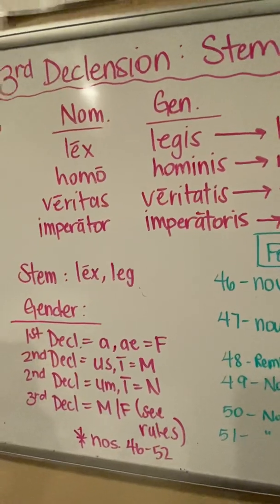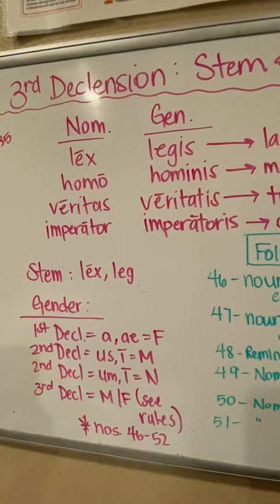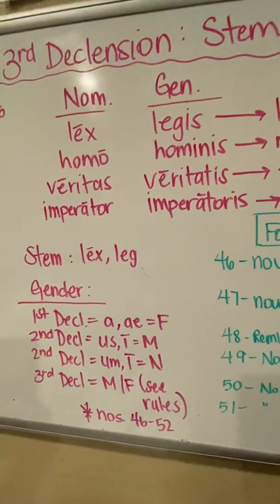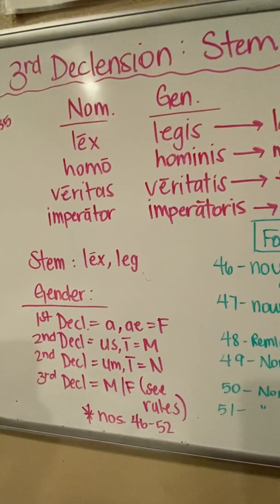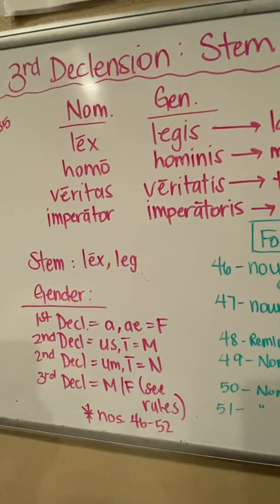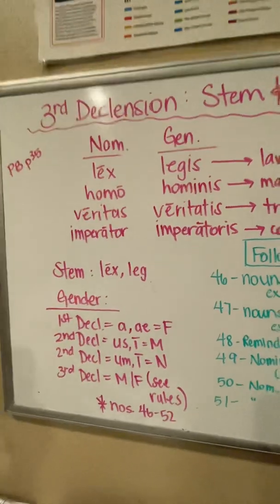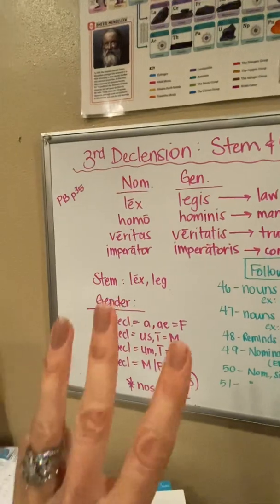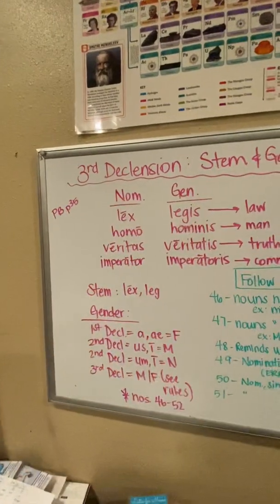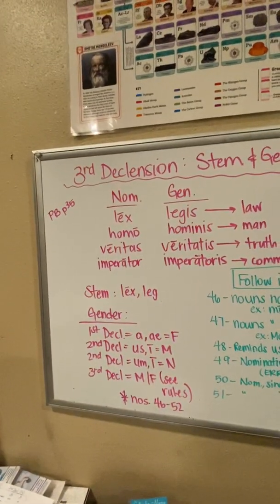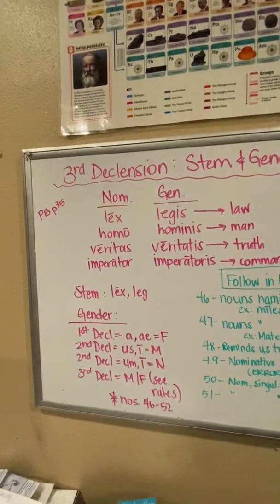In addition to that, we're going to look more at the gender now. If you saw the first video about the third declension, you know that the third declension is broken into three different categories. We have lex words, we have pars words, and we have flumen words.